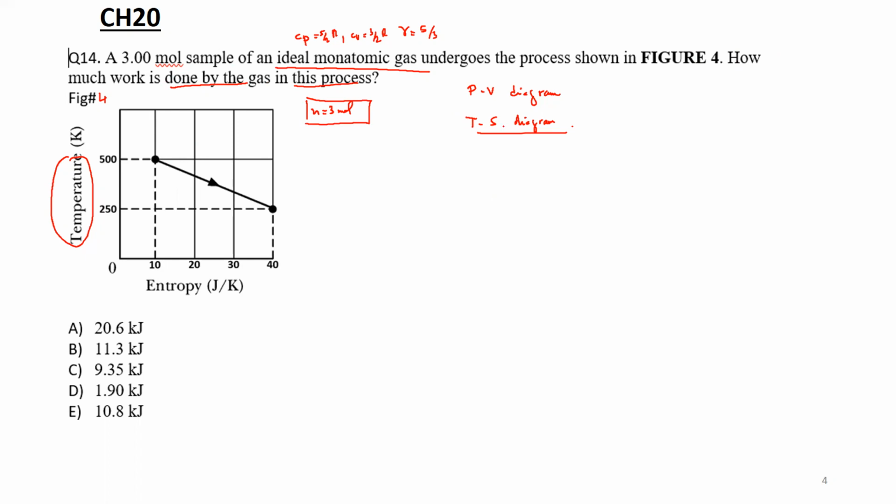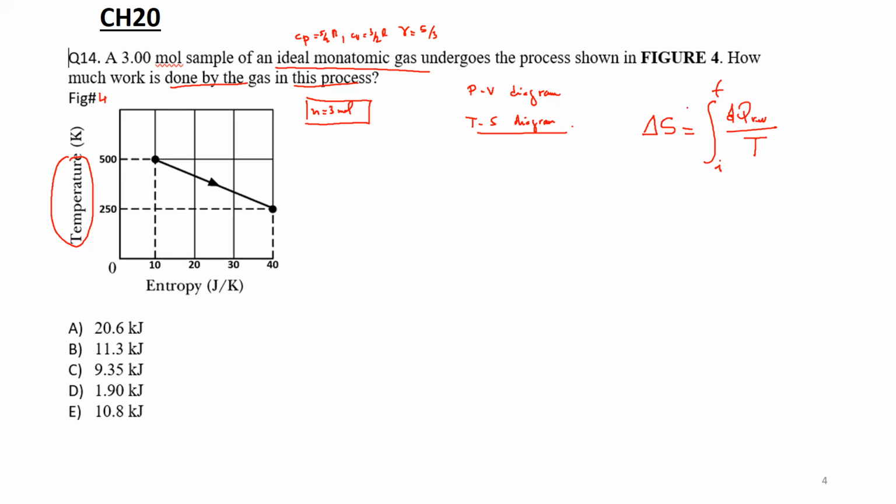So here I have a TS diagram. You remember, what is the entropy? We know that the change in entropy, delta S, for a reversible process is the integral between initial and final state of dq divided by temperature.